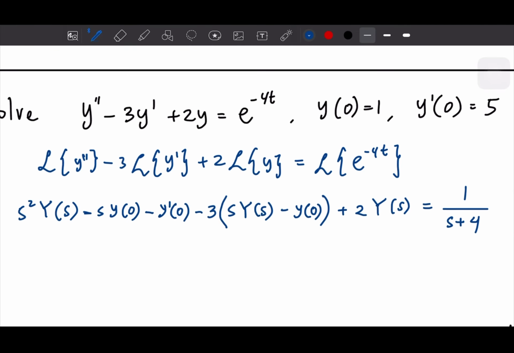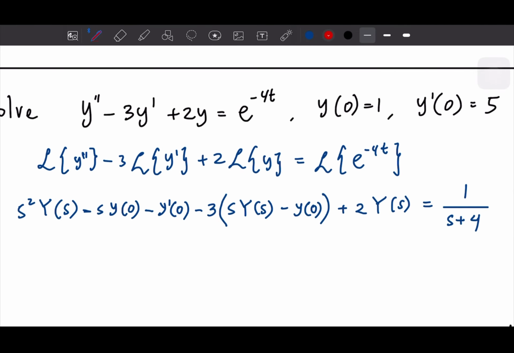Okay, we can substitute all the conditions. So y(0) is 1, so this is 1. y prime(0) is 5, so this is 1s, or maybe let me write it as just s. This is 1, right?